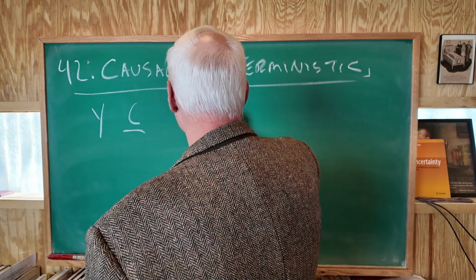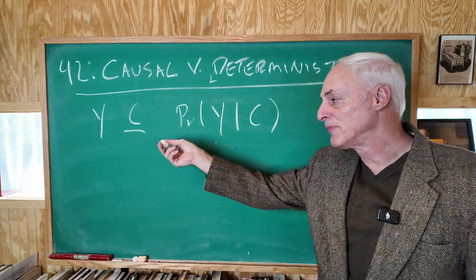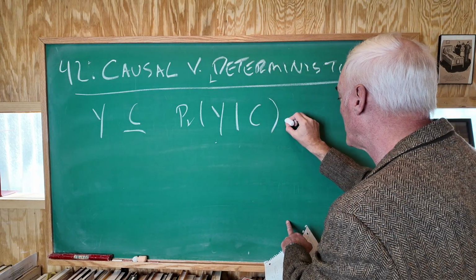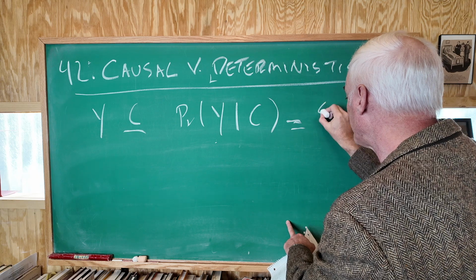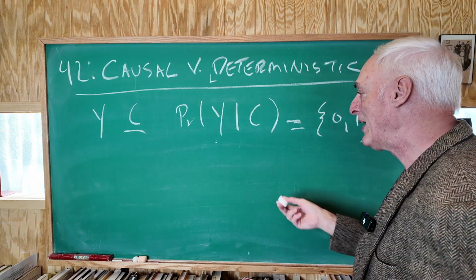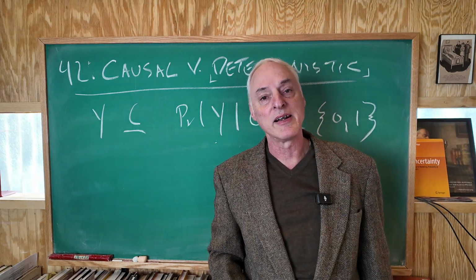And of course, if we're interested in the probability y is true given this cause, well, it's going to be in the set {0, 1}, depending on the particular conditions. That is a causal model.